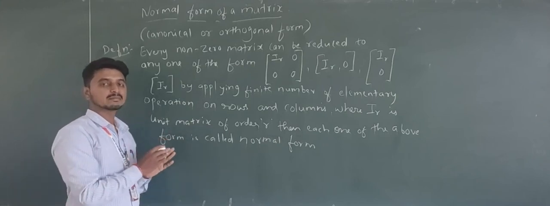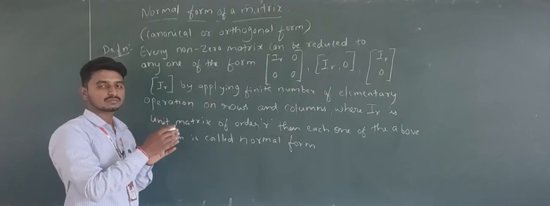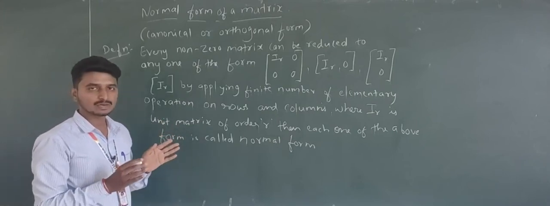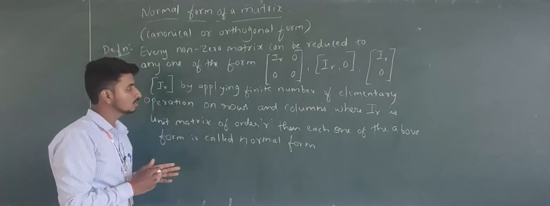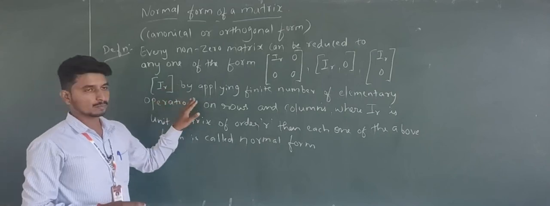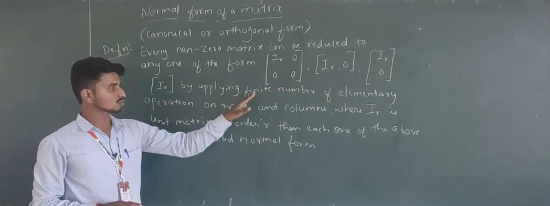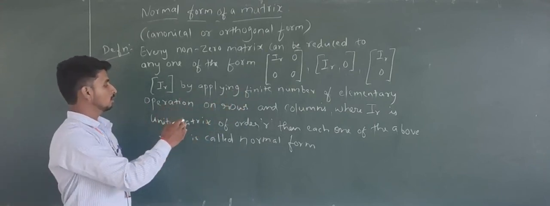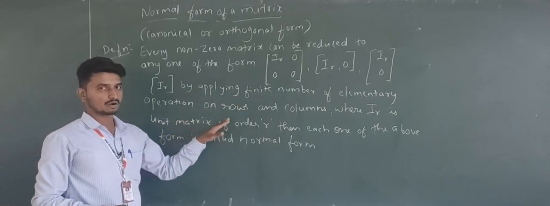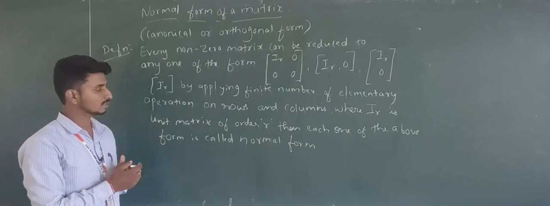A unit matrix is one where the diagonal elements are 1 and the non-diagonal elements are 0.